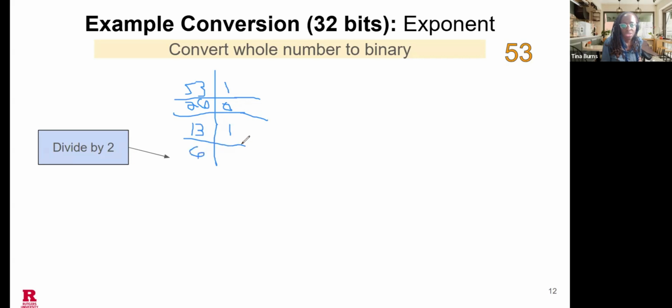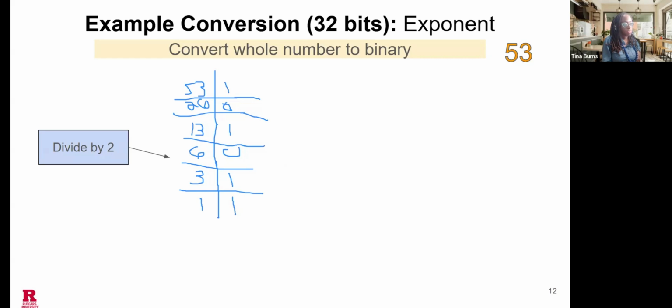When I divide this, my remainder is going to be 0. My number down here is going to be 3. When I divide this, my number is going to be 1, and the remainder is going to be 1.